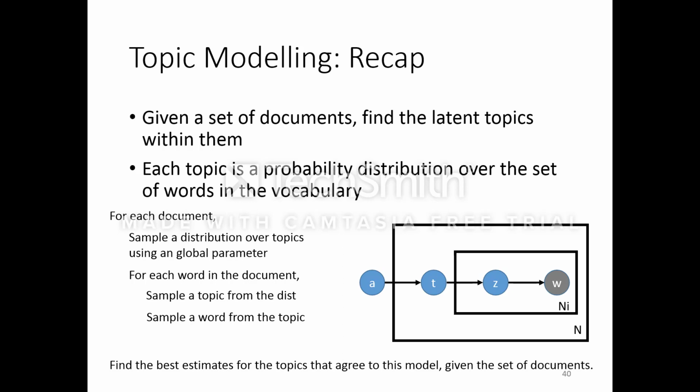Z is the topic used to generate that particular word, and T is the topic distribution used for that particular document. So you're trying to estimate the topics as well as their distributions, and the topic distribution for every document. You assume that whatever you have seen is generated using the script, and you work your way backwards, learning the models that could have gone into the script.